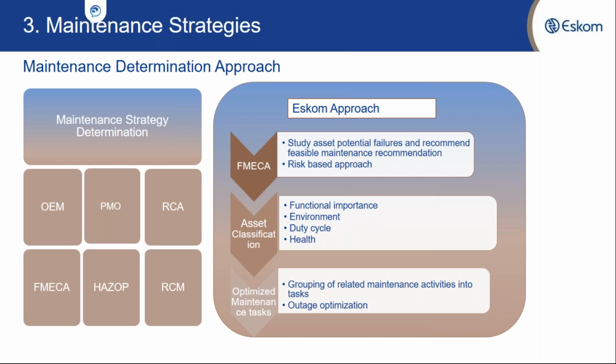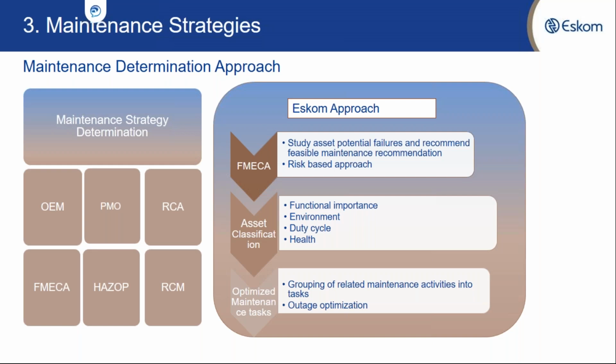With root cause analysis, you look at the failures that have occurred, and you put effort into making sure those failures don't occur again. Then FMEA and HAZOP are used a lot when it comes to design, to proactively identify what needs to be done for maintenance. While the RCM is what we have spoken about.